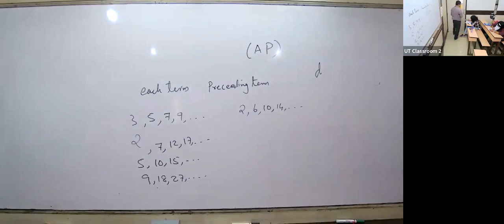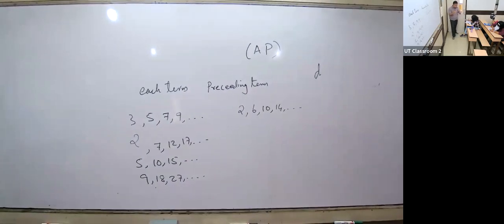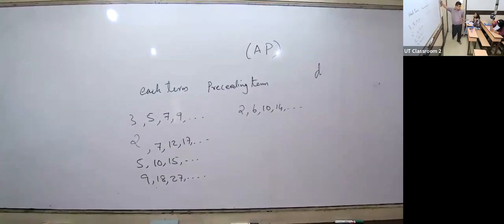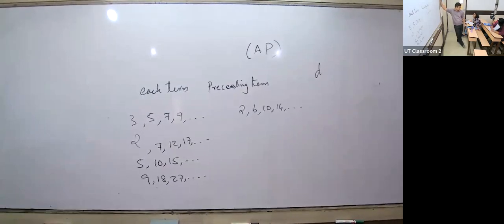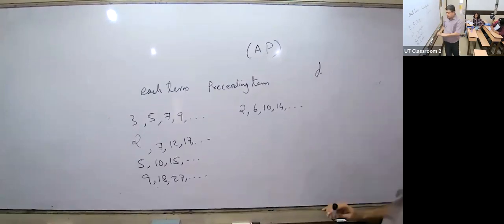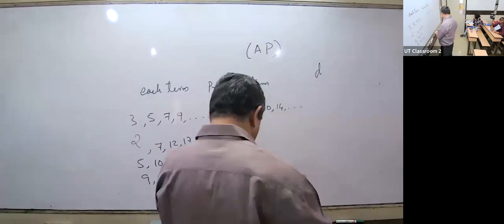So what do you mean by common difference? The fixed number which is added with each term in an AP. That is called the common difference, small letter d. Understood all of you? Yes.